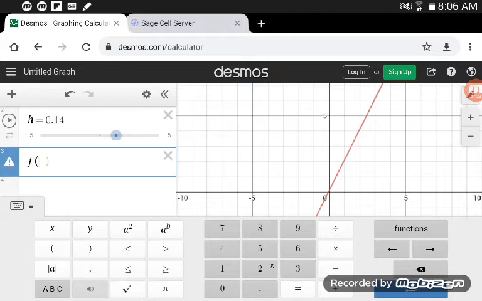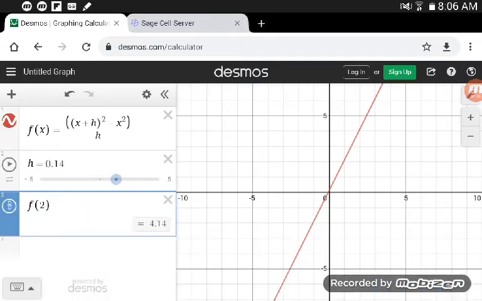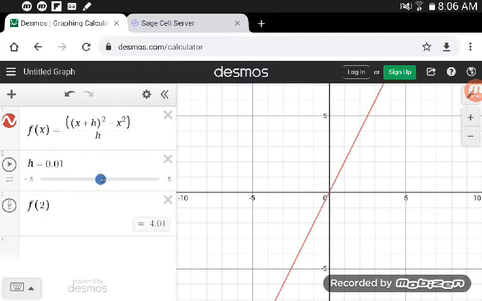I can do f of 2, see, and it's 4.4, and Desmos could be helpful this way in that I could watch that number and see that as I bring this down, it looks like it's heading to 4. See, right at 4 it was undefined, but numerically it appears that it is going to 4.